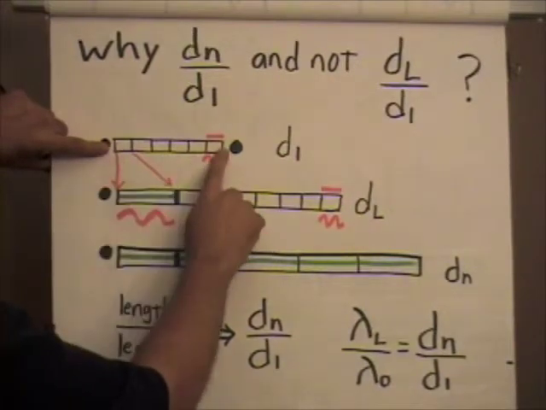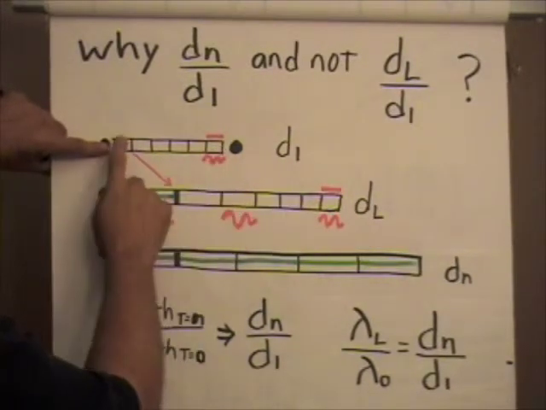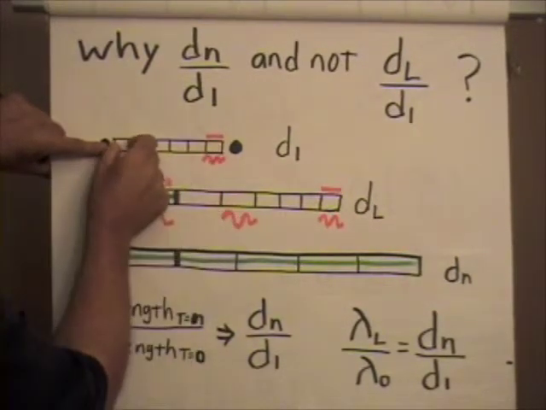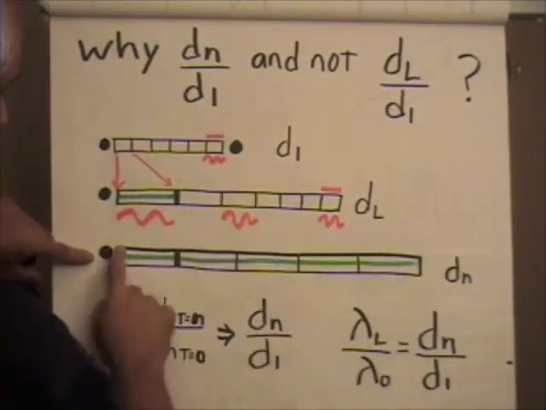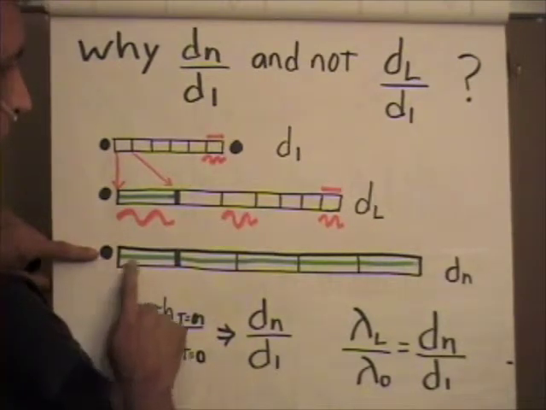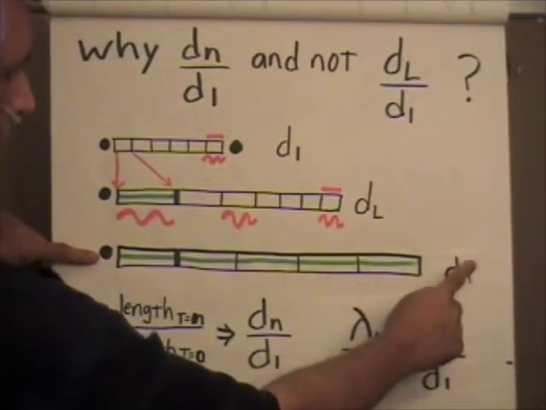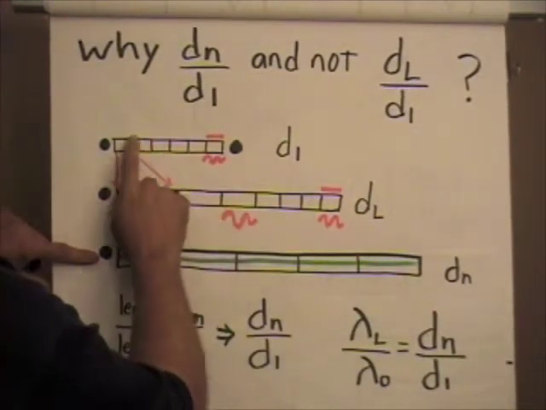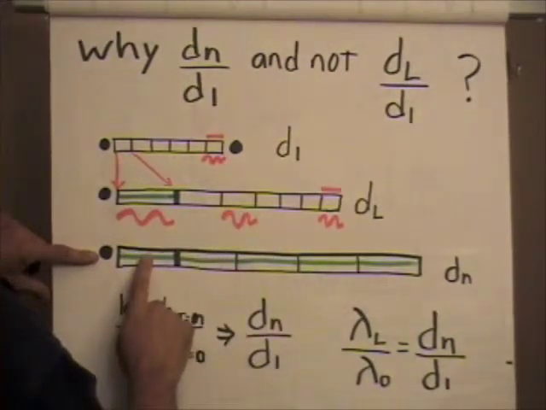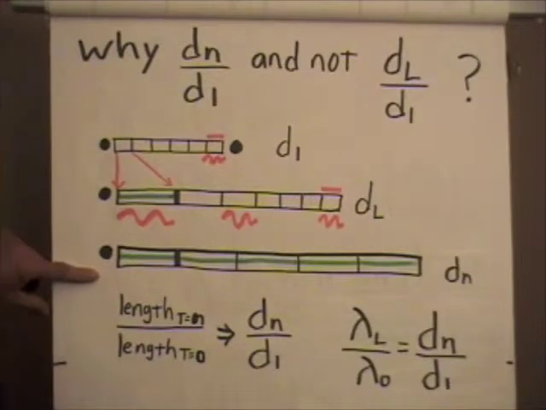The number of segments there are is d1, because the distance is measured in megaparsecs. And each of those segments, if it expands by the same amount, represents the transition to the dn length. And the dn length is simply the same number of segments at the longer distance for each one.